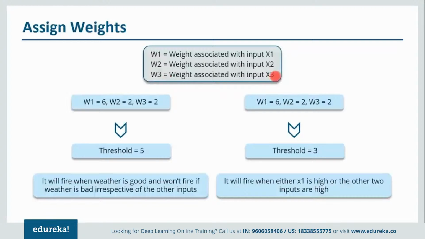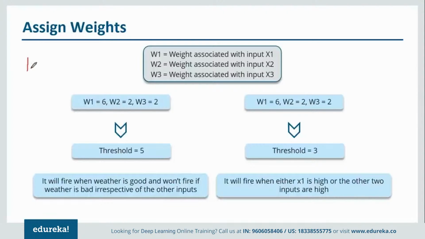As I've told you earlier, weather is a very important factor, so I'll assign a pretty high weight to weather and keep it as 6. Similarly, W2 and W3 are not that important, so I'll keep them as 2 and 2. After that, I've defined a threshold value as 5, which means that when the weighted sum of my inputs is greater than 5, only then will my neuron fire, or you can say only then will I be going to the beer festival.